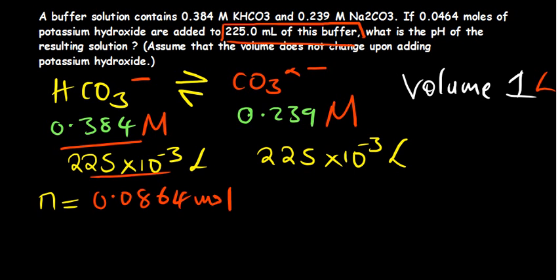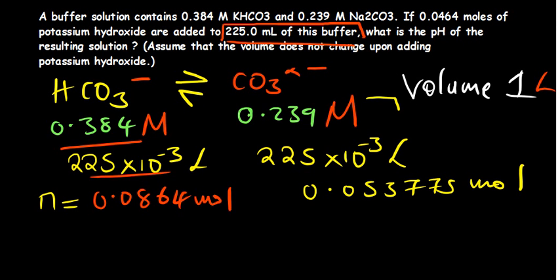Then for the other part, you do the same to determine the number of moles of our conjugate base. We have something like 0.053775 moles. So we now have our number of moles for both the acid as well as the conjugate base.